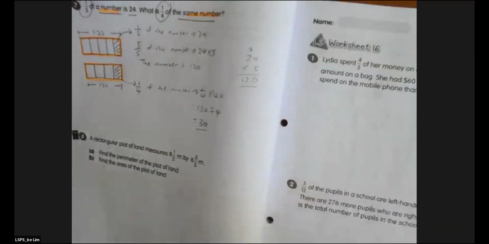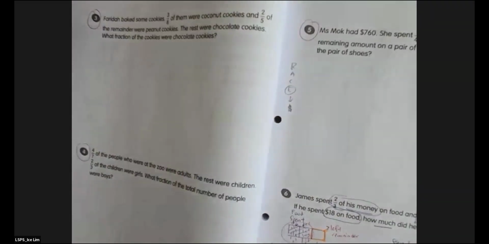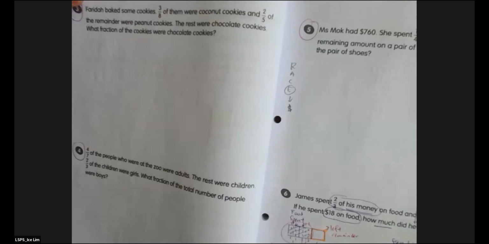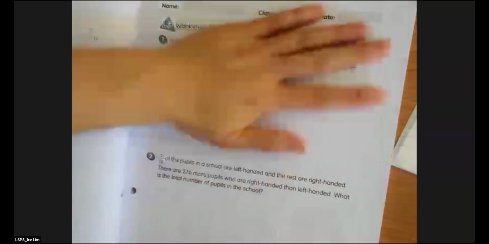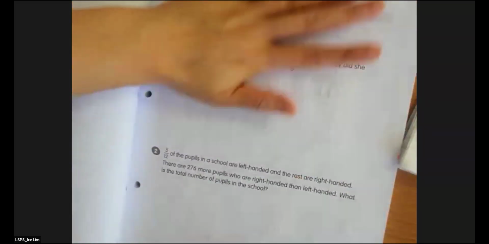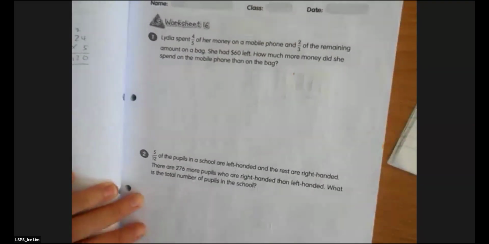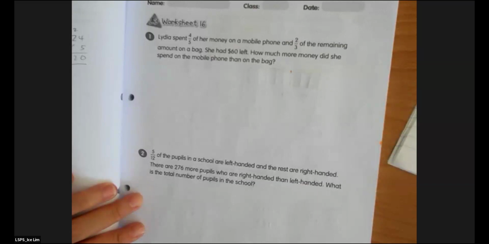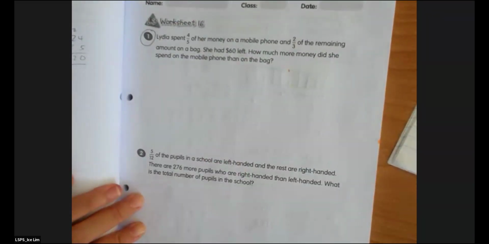Now, your homework, please. Those of you who haven't done this question, 3, 4, 5, go home and catch the video. Now, try to draw the model for page 95, question 1. Model only, no need to solve.